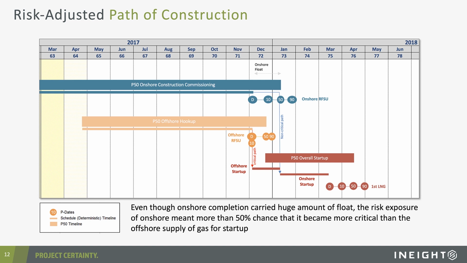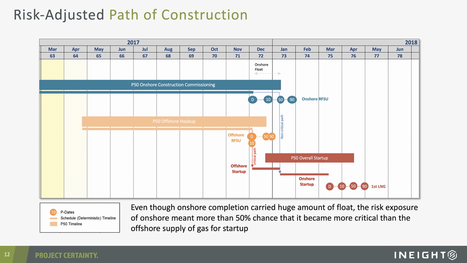Now, on the screen here, we have an example where we have our very, very high level path of construction. We've got our onshore and our offshore scope. So we have our onshore construction or execution, which leads into commissioning. Likewise, we have our offshore hookup campaign.